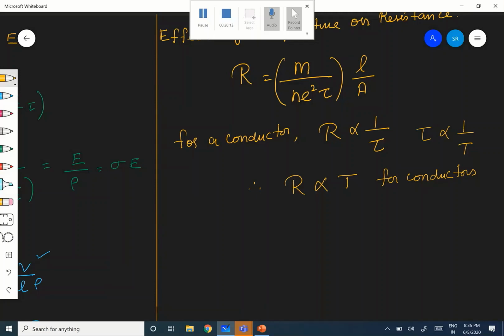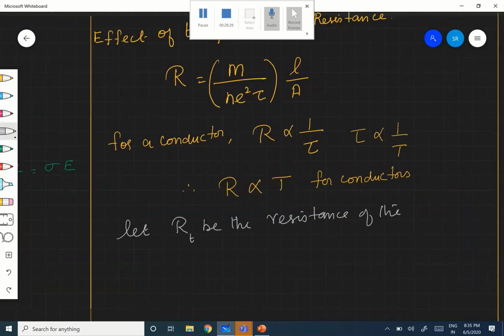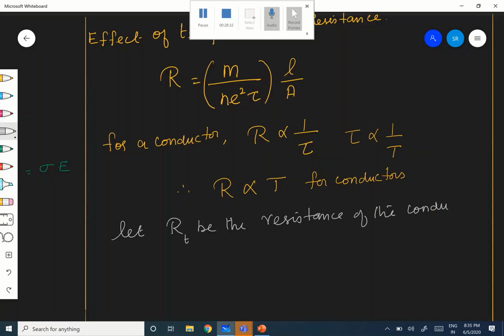Let RT be the resistance of the conductor at T degrees Celsius, and let R naught be the resistance of the conductor at 0 degrees Celsius.